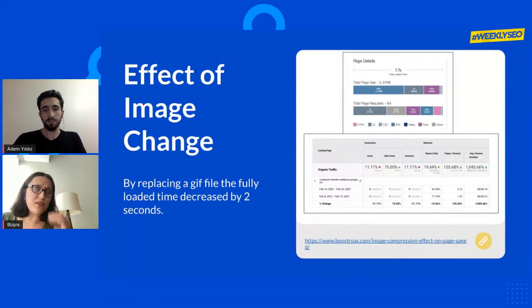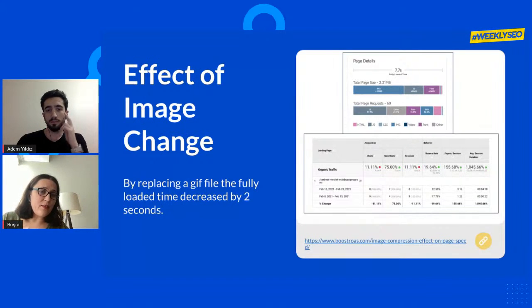I measured all of the metrics again. It was really interesting, because the fully loaded time of the page decreased by 2 seconds, and the LCP score also improved with just a small file change. And of course, I didn't leave it like that, I also followed the metrics. After a few days, I compared the weekly performance, and the number of new users increased by 75%, and also average session duration.